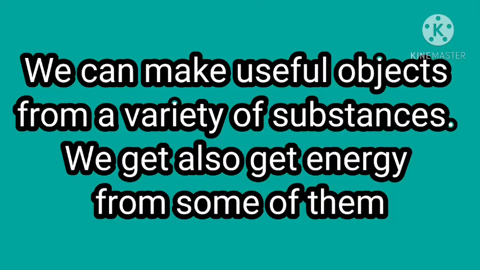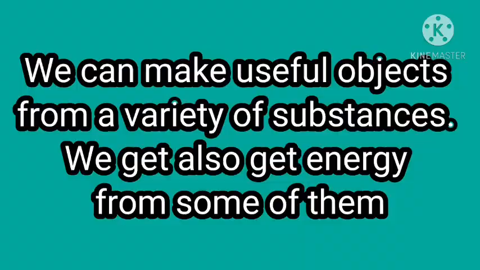So, students, what could we conclude? We conclude that we can make useful objects from a variety of substances. We also get energy from them. So, our next topic is energy: how energy is obtained from substances.